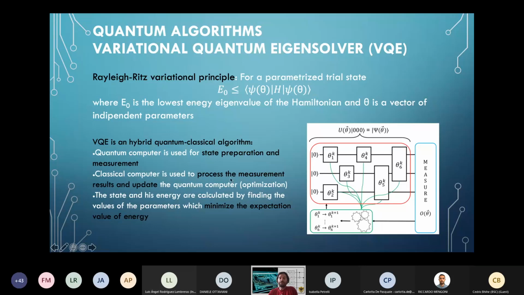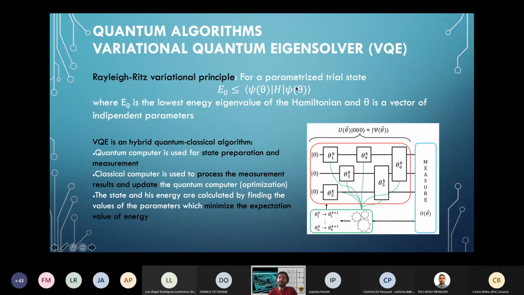Then the classical computer is used to process the measurements and update the parameters of your circuit in order to go lower in energy. At the end, you will end up with an optimized wave function, which reaches the lowest possible energy.